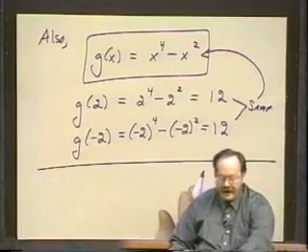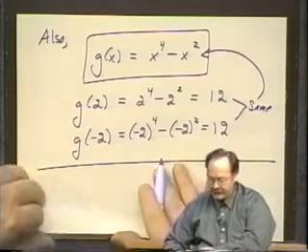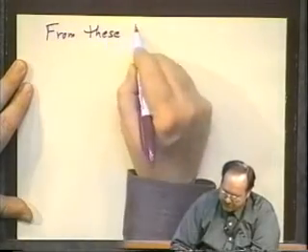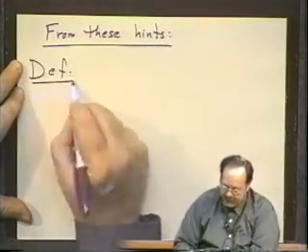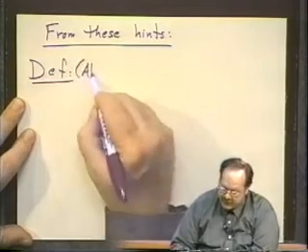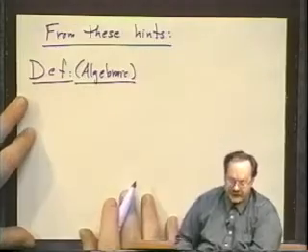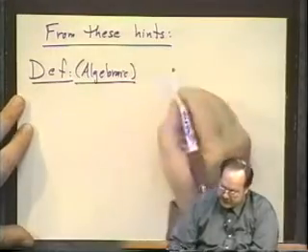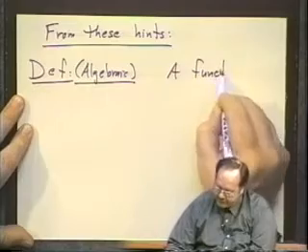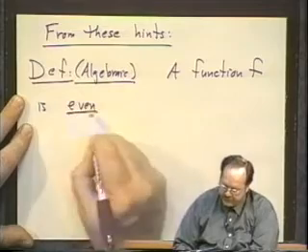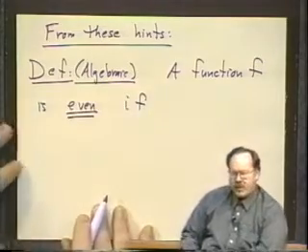Well, with all of that as a hint, let's come up with a definition for what an even function is. From these hints, we will make the following definition. We will say, and this is an algebraic definition, let me go ahead and write this down. We will connect this up to a picture, the graphical picture, soon. The algebraic definition is: a function f is even if, well, let's see, what happened?